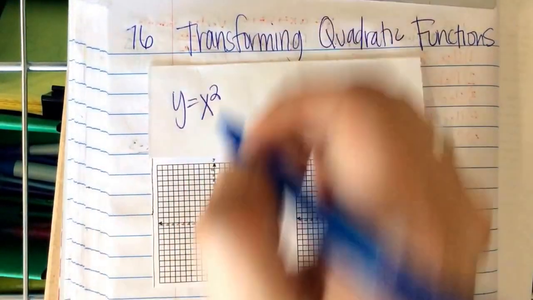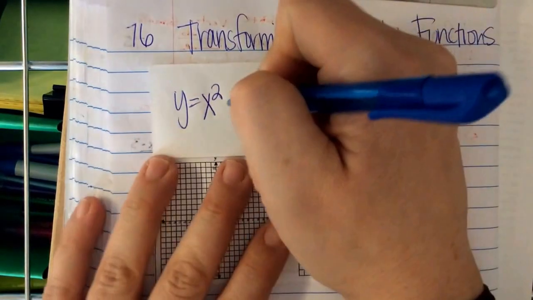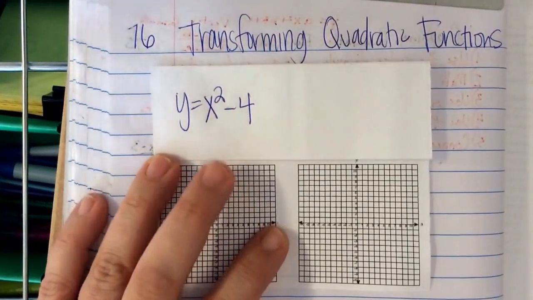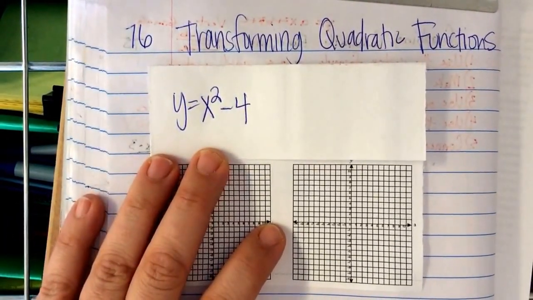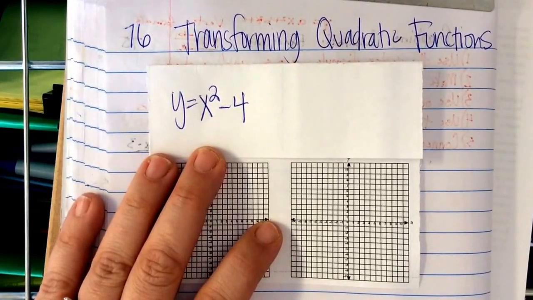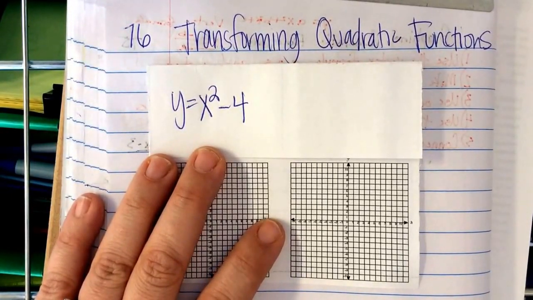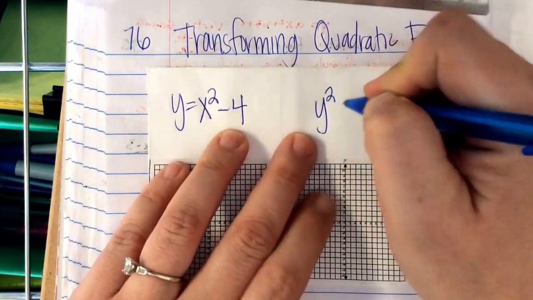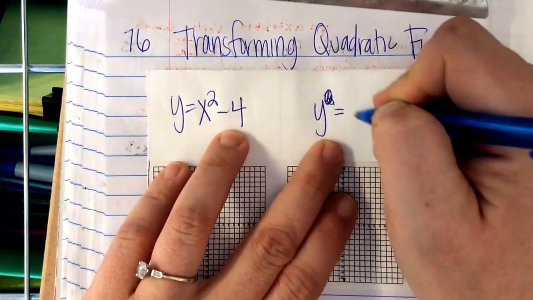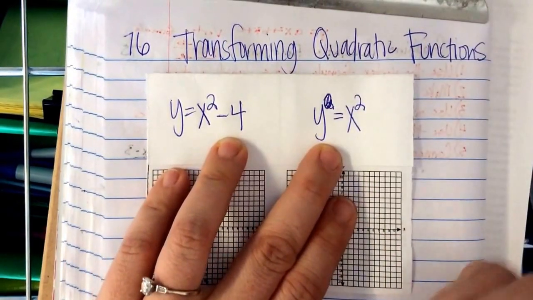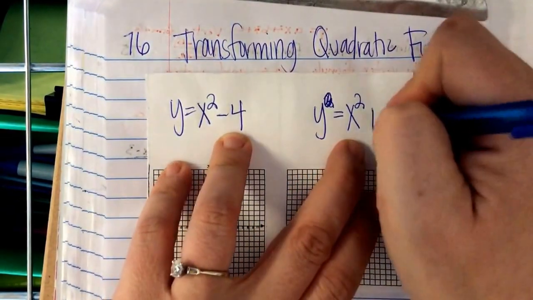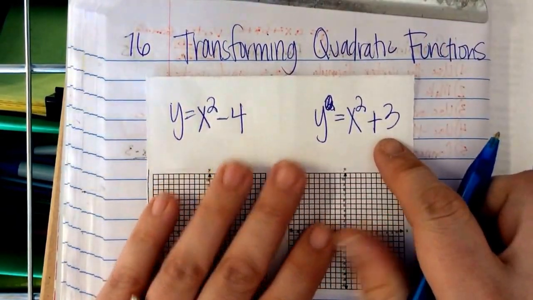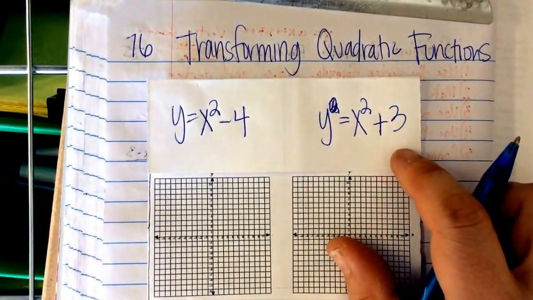But this time we're going to subtract 4. What's that going to do to my function? And the last one, y equals x squared, parent function, but you're going to add 3. What does it do?